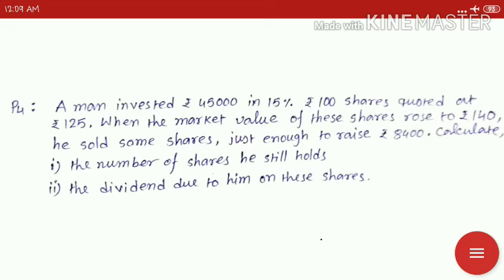Okay, so let me explain again: calculate the number of shares he still holds, like after selling the shares, how many shares he still holds in his hand, and now the dividend due to him on those shares. For the remaining shares, how much dividend he will still collect from the company. So pause the video and solve it by yourself and then come to my solution. So here you go, it's time for the solution.